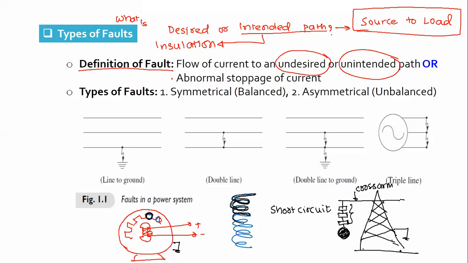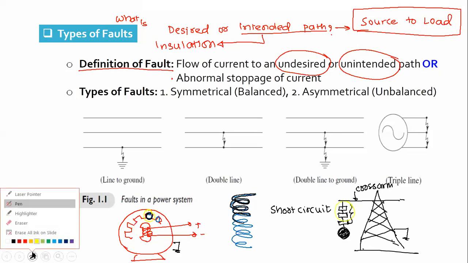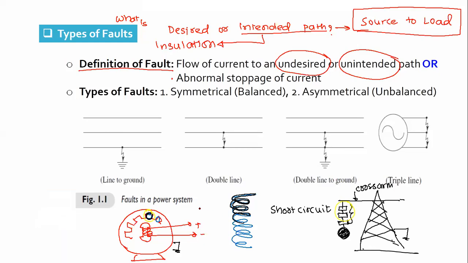tower. Fine. So there are different types of insulators we use so that we isolate the live phase conductors from the rest of the part, we can say the body of the machine.